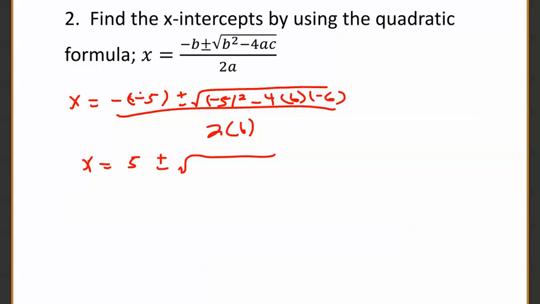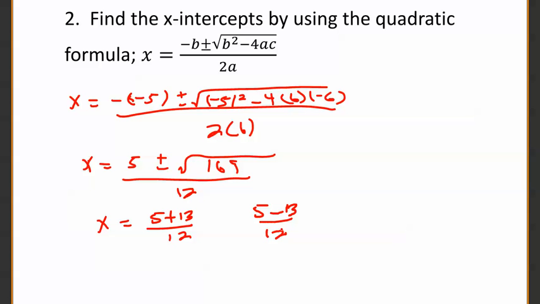So you have 25 plus 144, which gives you 169. And we have negative times negative, that's why that's plus, all over 12. So the square root of 169 is 13. So you have 5 plus 13 over 12. And then you have 5 minus 13 over 12.